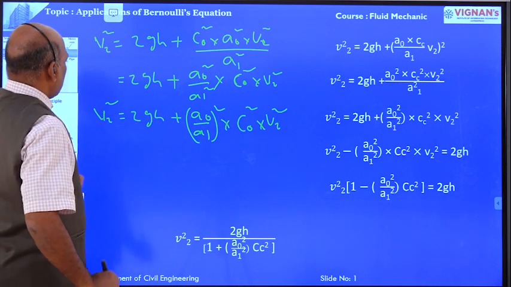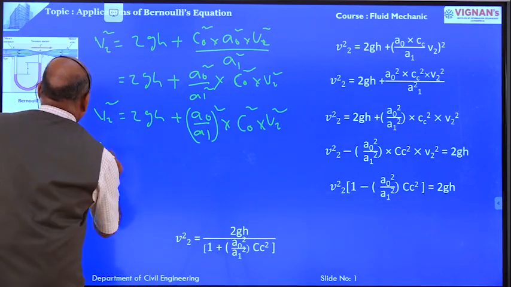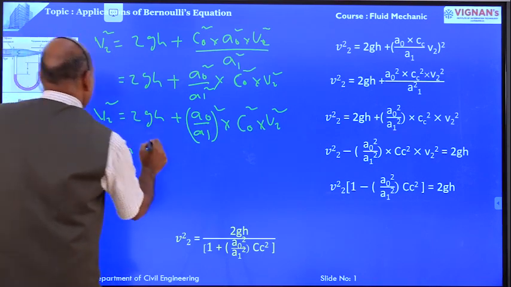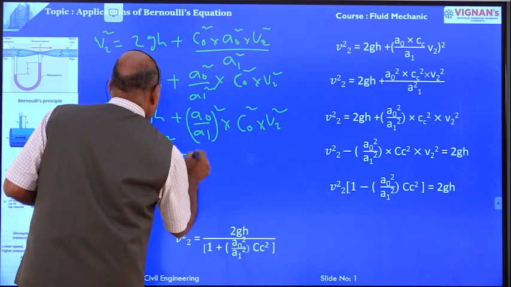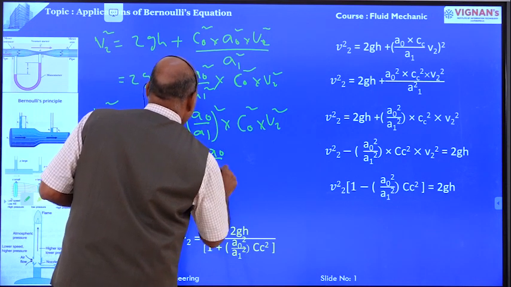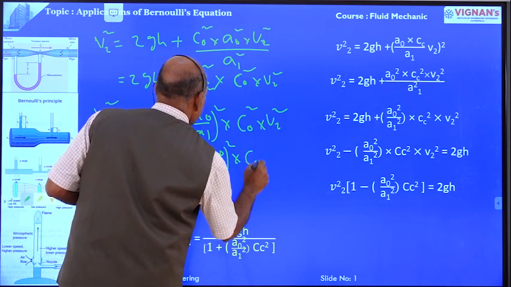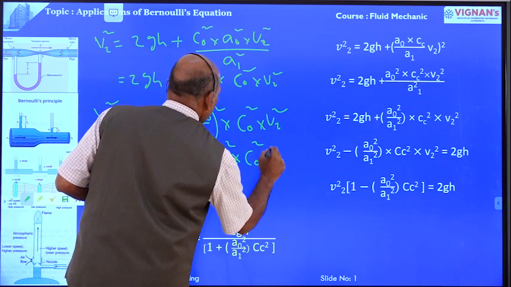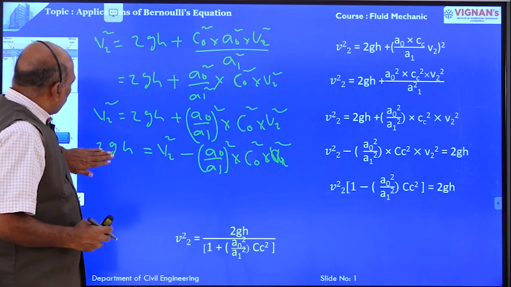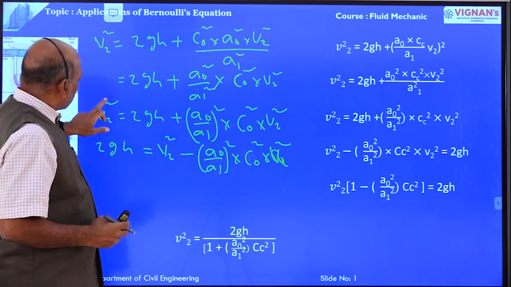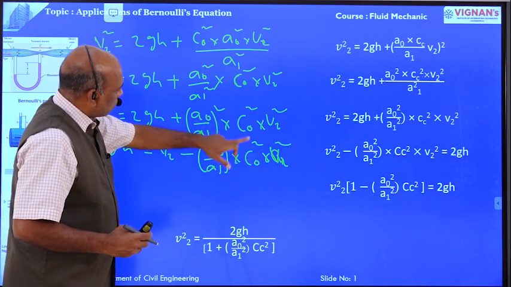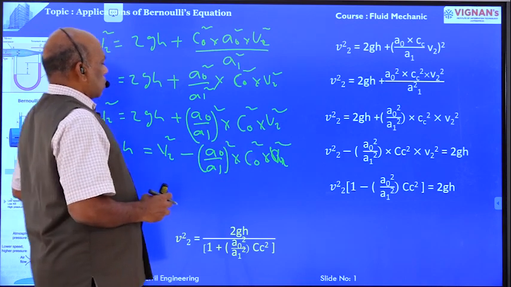From this equation, 2gh is equal to V2 square minus (A0 by A1) square into Cc square into V2 square.